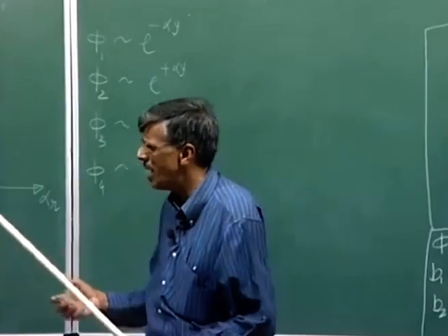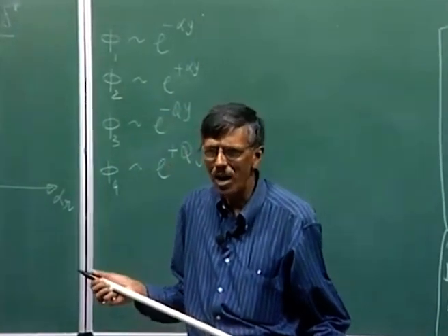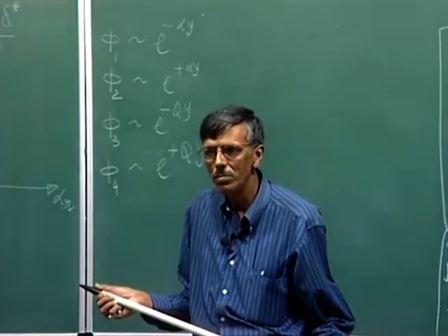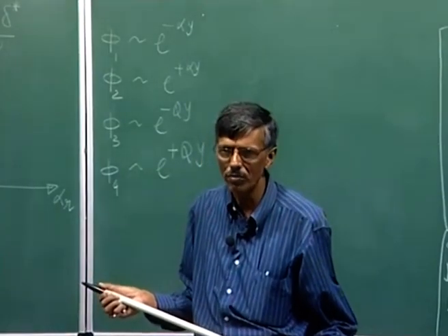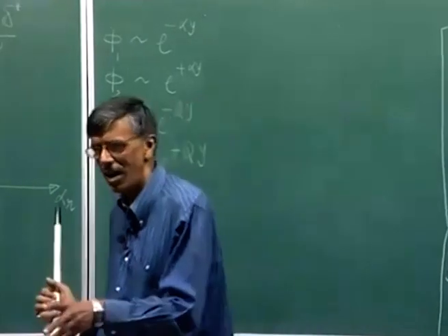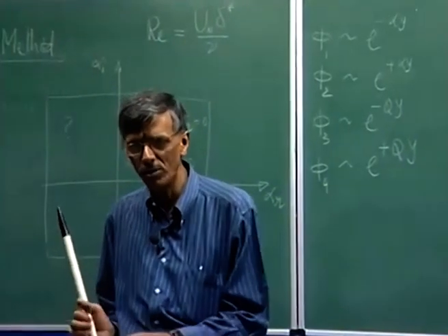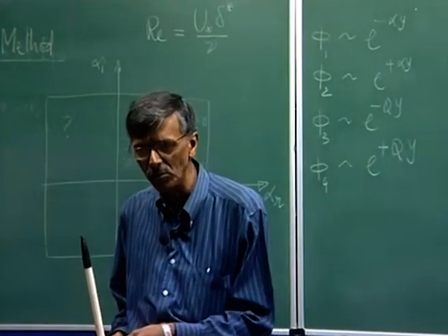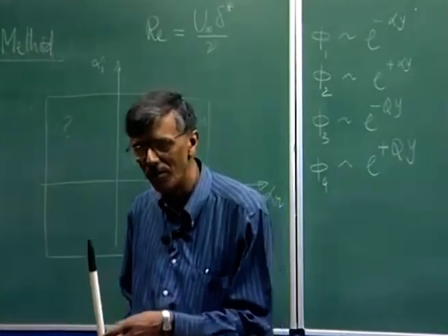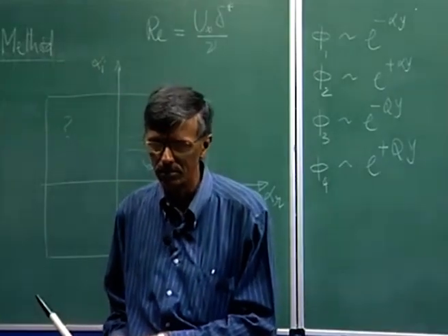So, whatever we have done qualitatively, we do not have to do anything different, only be conscious, aware of the fact that phi 1 and phi 2 have flipped roles. What phi 1 used to do earlier, now phi 2 does, and what phi 2 used to do earlier, phi 1 does. You do not have to do very much about that.